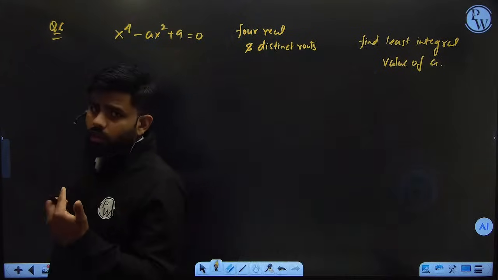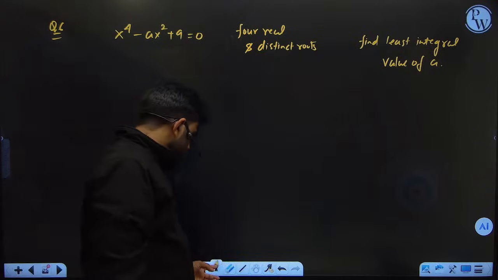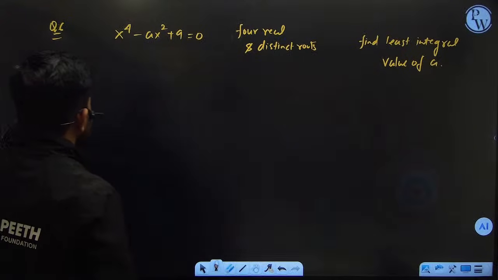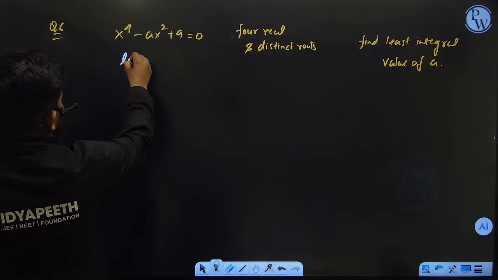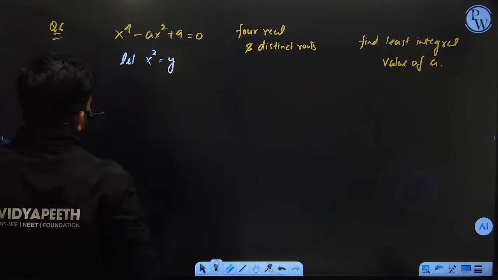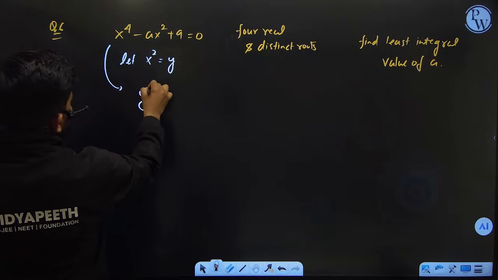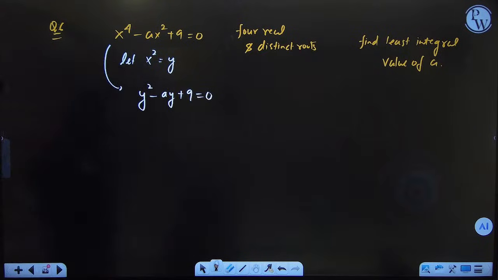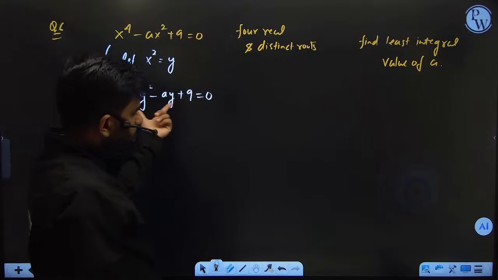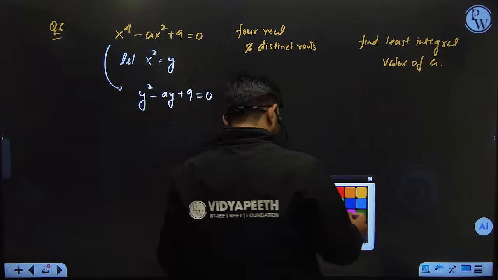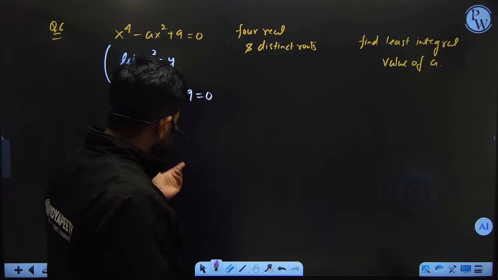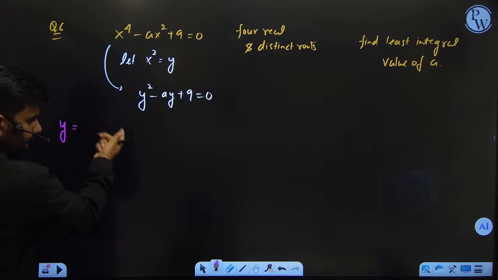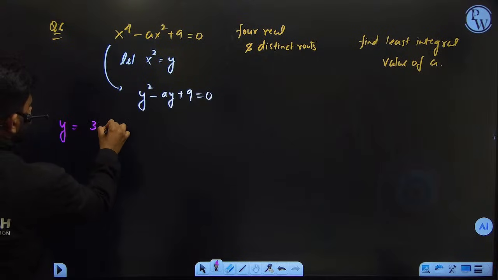So if we want 4 roots, that too real and distinct, firstly, what is the concept here? I will replace x square by y. So now this will become a proper quadratic. Now if I solve this quadratic, what I want is that y should have two different positive values, for example 3 and 4.